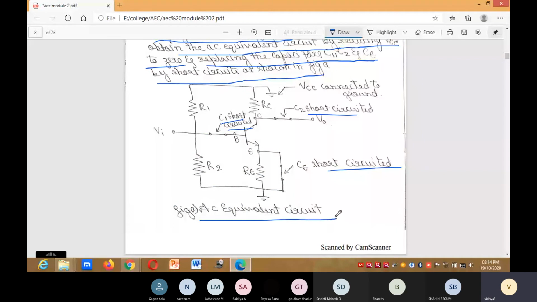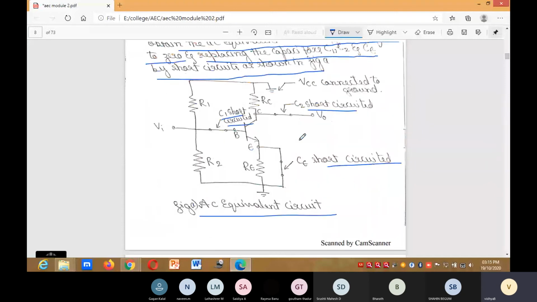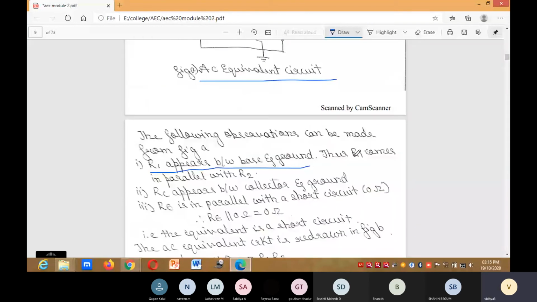Next, the following observations can be made from the figure. R1 appears between base and ground, and thus R1 comes in parallel with R2.